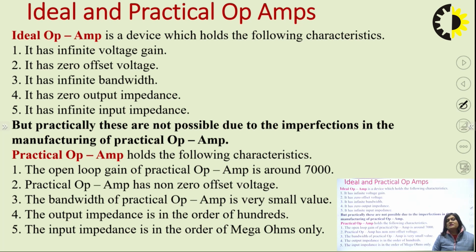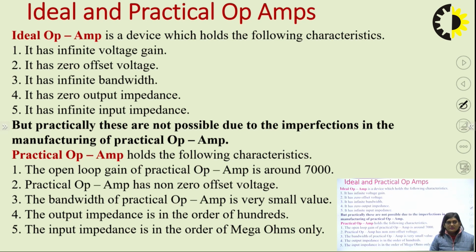If we give a zero input at the op-amp, the output must be 0, but the output is not 0; there is some value of the output, due to the mismatch of the transistors or it may be due to the offset current. It must also have an infinite bandwidth, which we will discuss in our next lecture, and it has zero output impedance and infinite input impedance.